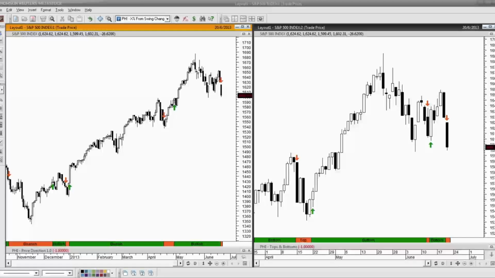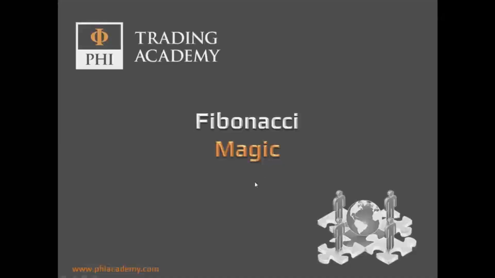Before we start with some Fibonacci magic, I'm going to go through some basic entry signals that we covered last time, but understanding this is a vital part of understanding how you can then apply Fibonacci to project price targets. So bear with me and we'll get to the Fibonacci magic in a minute.